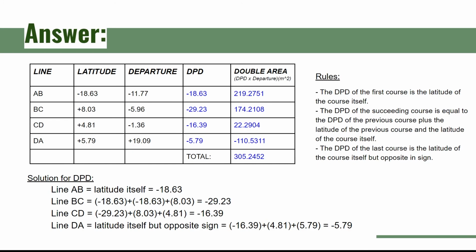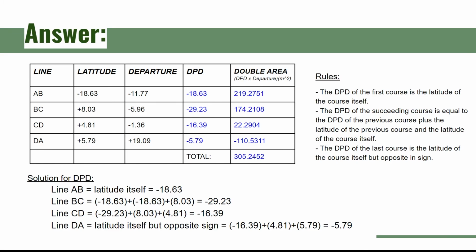Next, for the succeeding course, the DPD is the sum of the previous DPD, the previous latitude, and the latitude of the course itself. So for line BC, we have negative 18.63 plus negative 18.63 plus 8.03. The sum is equal to negative 29.23, which is the DPD of line BC. We also follow that rule for line CD.